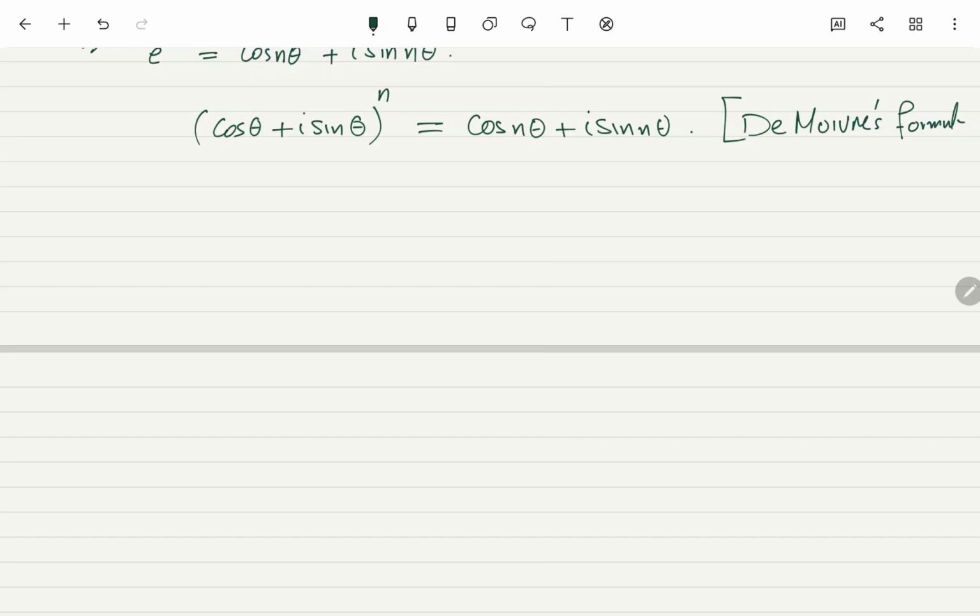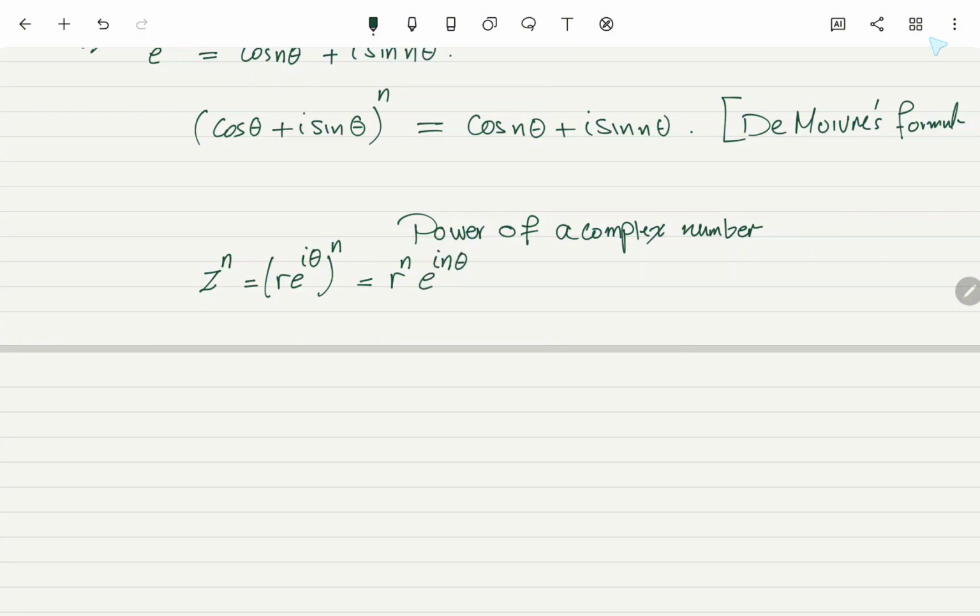Let's define the power of a complex number. z to the power n is equal to (r e to i theta) all to the power n, or r to the power n e to i n theta.